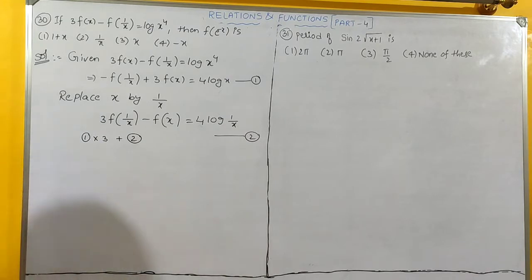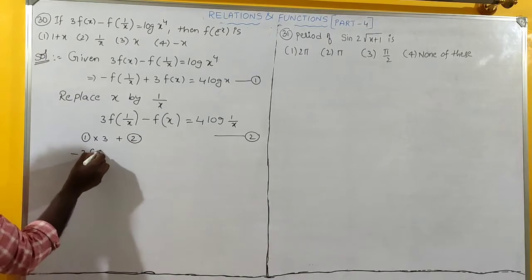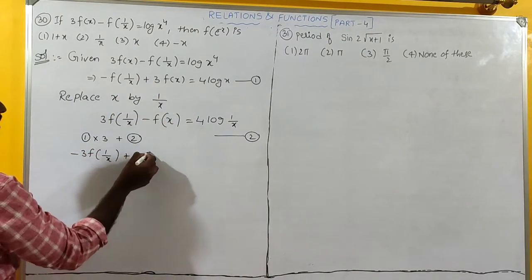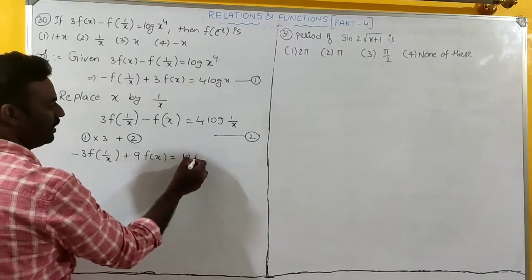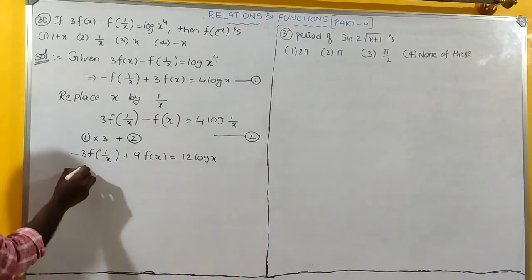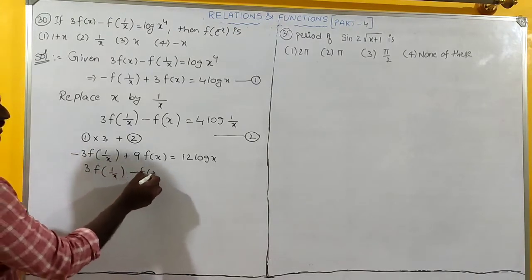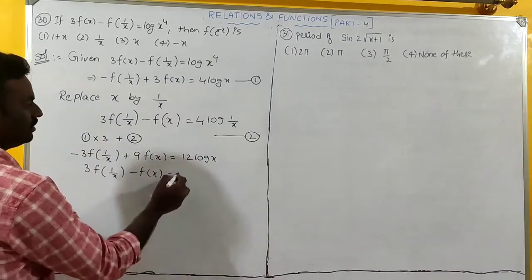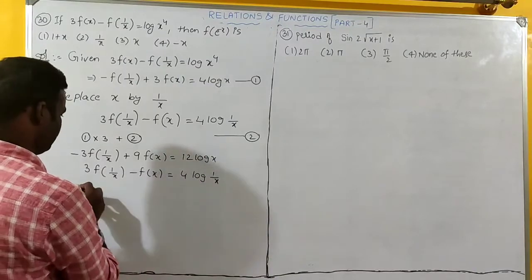If you multiply the first equation with 3, minus 3 into f of 1 by x plus 3 times 3 is 9 f of x, 3 times 4 is 12 log x. Second equation as it is, 3 into f of 1 by x minus f of x equals, this can be written as 4 log 1 by x.